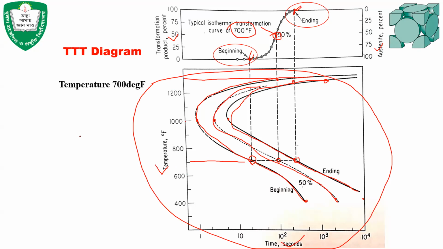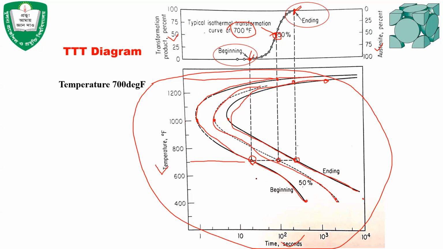Yes, sir. Isothermal. Okay, so to construct an isothermal transformation diagram, you need to conduct a lot of study. That means a lot of experimental work has to be done to generate one isothermal diagram.